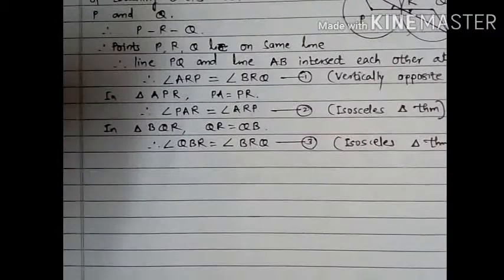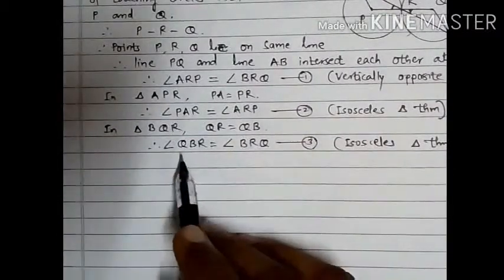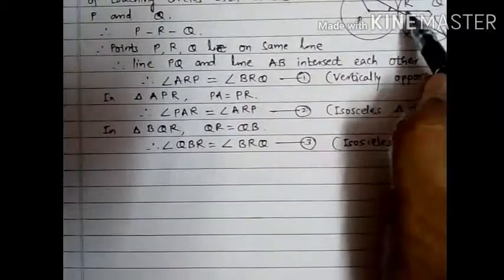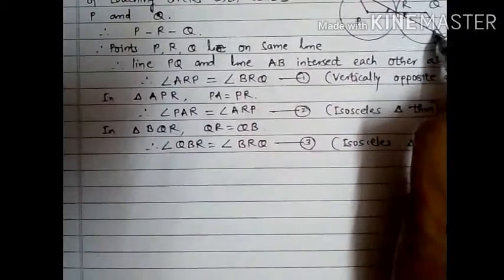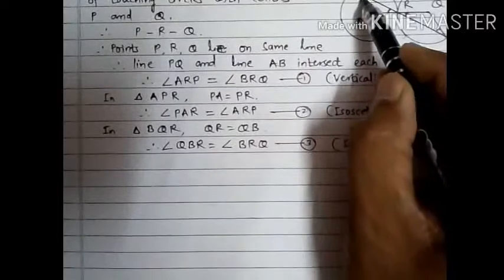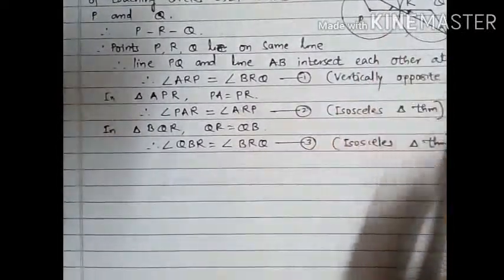Therefore, in triangle BQR, QR is equal to QB. Therefore, angle QBR is equal to angle BRQ. These two angles are congruent by the isosceles triangle theorem.